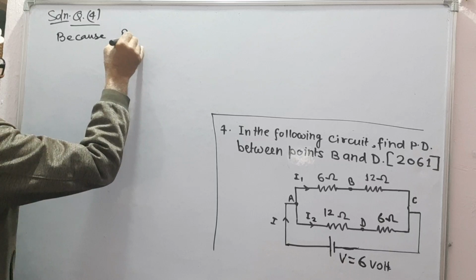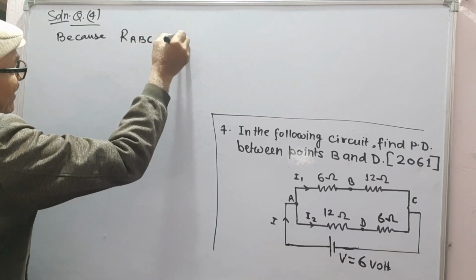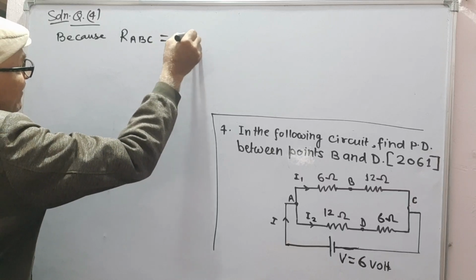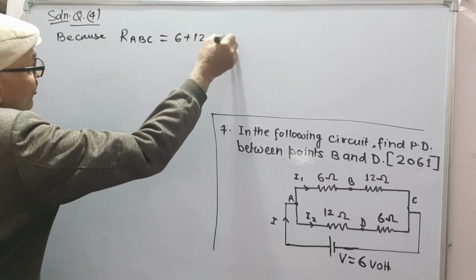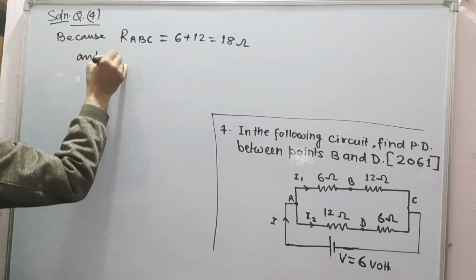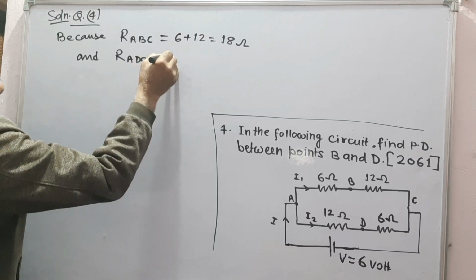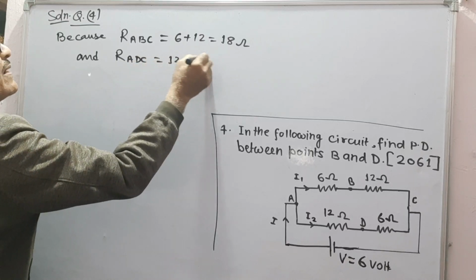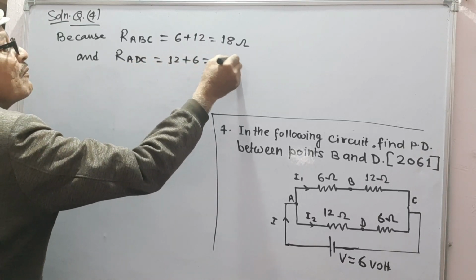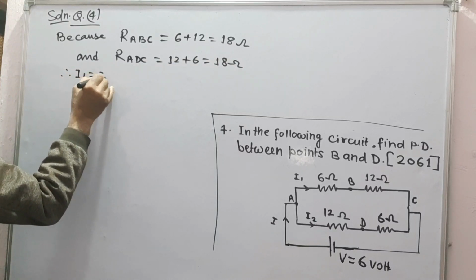Because the resistance of path A, B, C is 6 plus 12, which is equal to 18 ohm, and the resistance of path A, D, C is also 12 plus 6, 18 ohm. Therefore, I1 will be equal to I2.